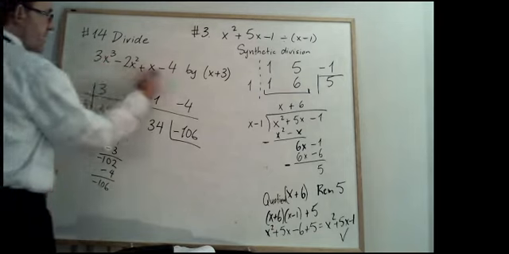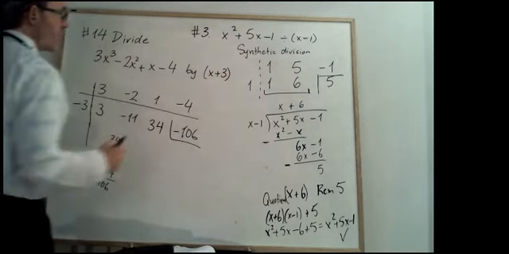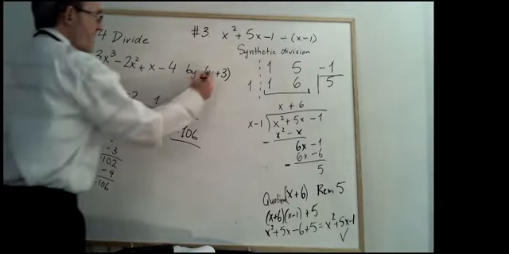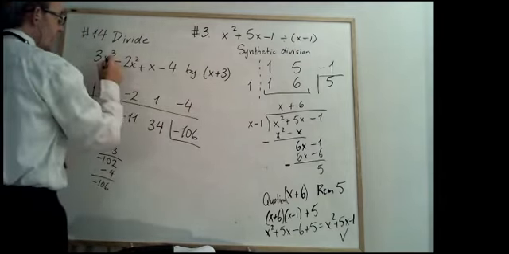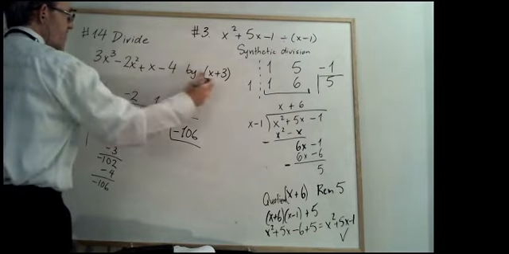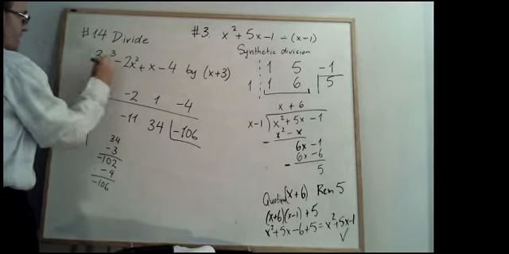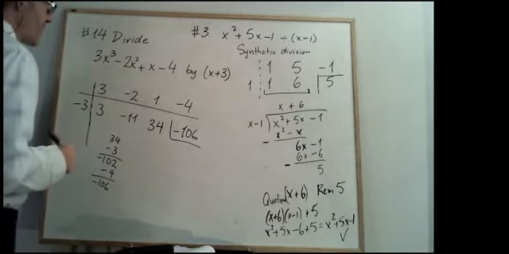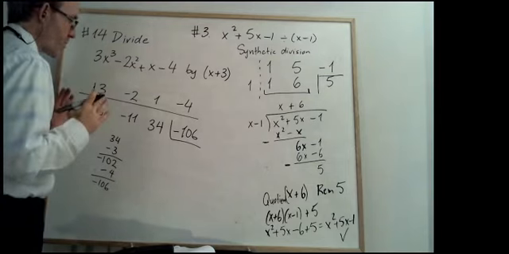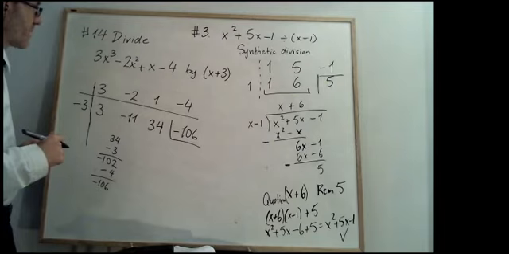Since I'm dividing by x plus 3, a binomial, which is just a linear expression. So any time you divide a polynomial of degree n by a polynomial of degree m, the quotient will have degree n minus m.